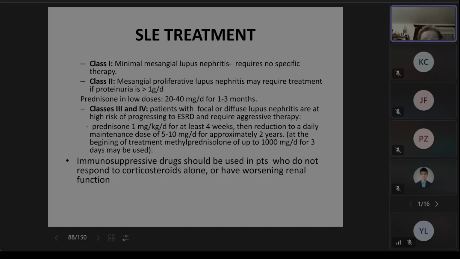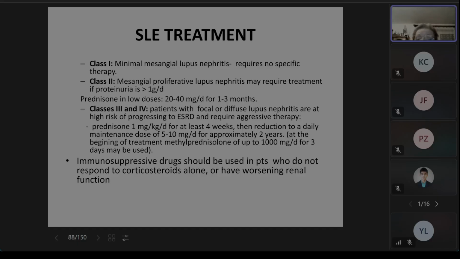If prednisone and methylprednisolone alone aren't enough, in class 4 and 3, methotrexate can be given, whilst in class 5, we would rather try to give the patients mycophenolate mofetil nowadays.